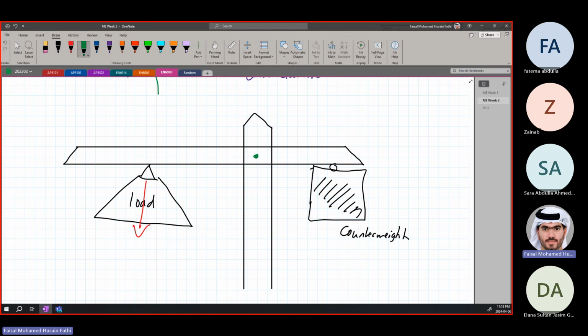If there is no counterbalance, it will want to bend towards this direction. All right? And we don't want that because it would be completely unsafe. It will have a clockwise moment, and this clockwise moment means the crane will fall forward. And we do not want that.